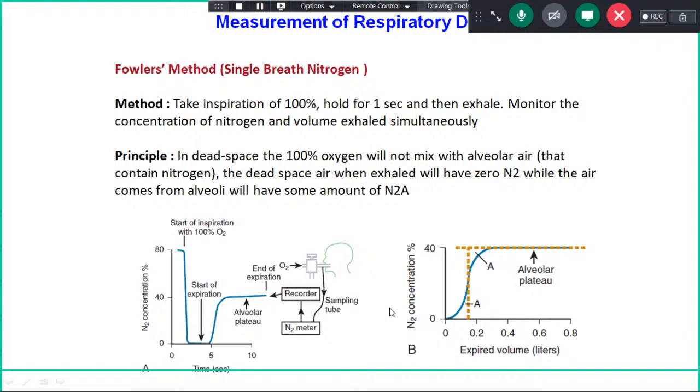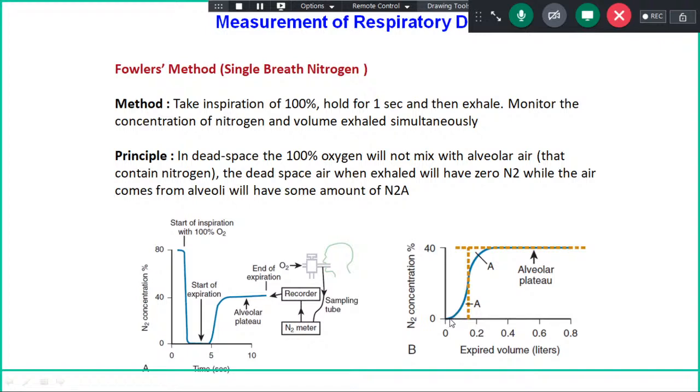This is the air which is left at the end in the conducting airways after taking 100% oxygen. So in the dead space it is only 100% oxygen. It will not have any mixing from the alveoli. So initially the nitrogen concentration when you measure will be 0.